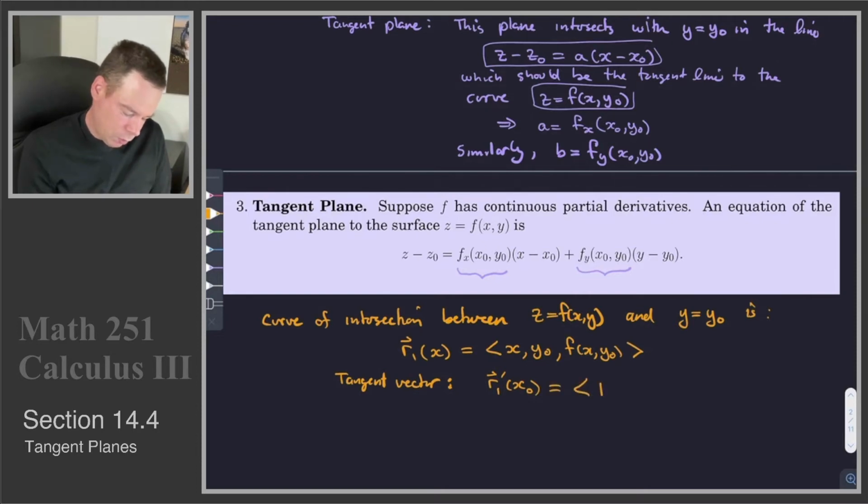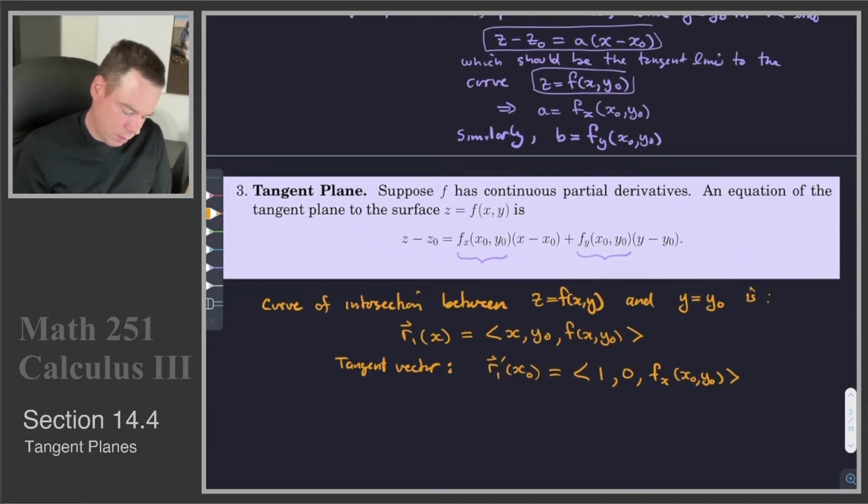Our derivative of x is 1. Our derivative of y naught, that's a constant, so that's 0. Our derivative of f, and notice y is a constant, x is the only variable we have for this function f in this third component. So when I take its derivative, I'm taking the x partial derivative of it and evaluating at x naught, y naught. So there's our tangent vector.